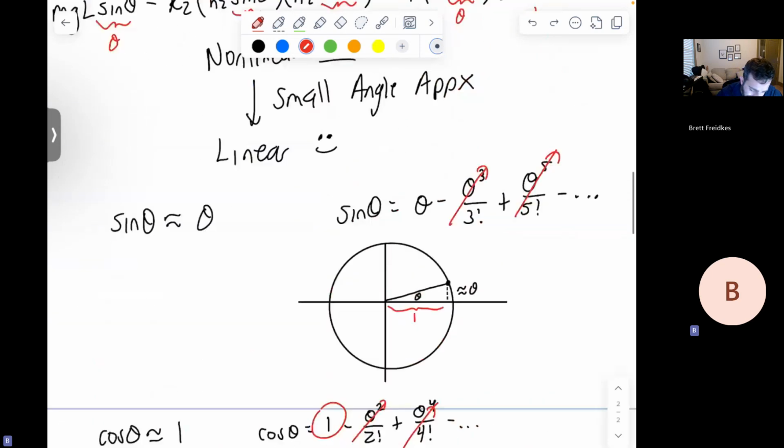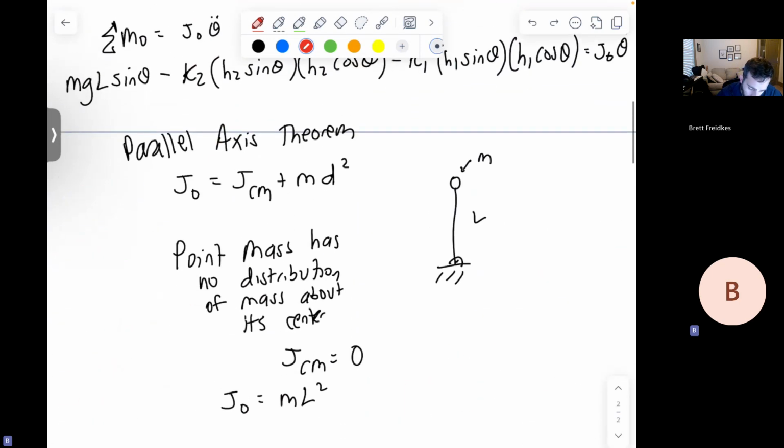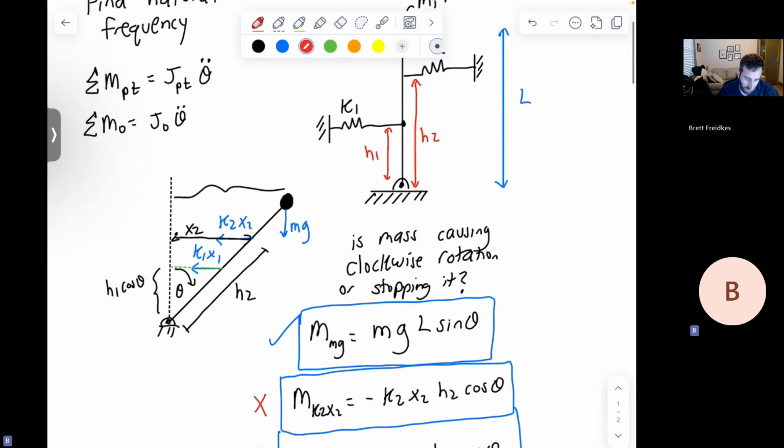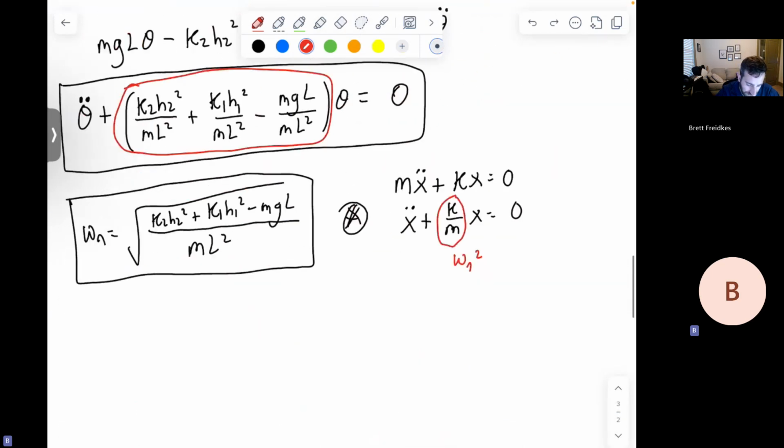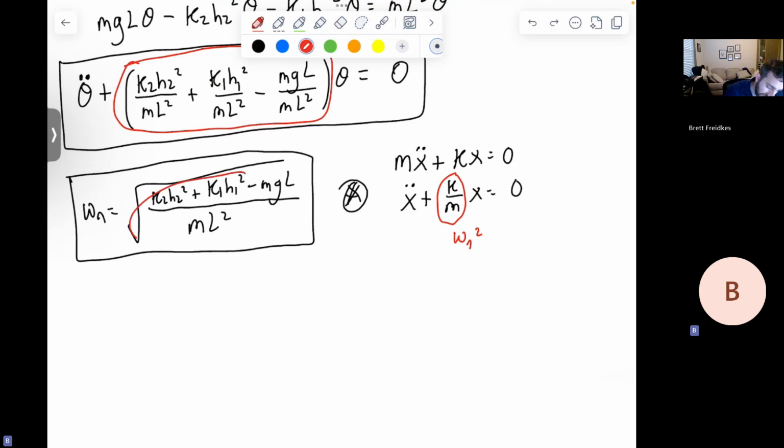We see that we have an inverted pendulum. What will happen at some point? If this thing moves too far, what happens? Well, ultimately, the gravity in the problem will overpower the spring forces and the thing will just collapse. That's when the problem ends. So if you ever end up with a negative value in here, we're no longer stable and our system will just destroy itself and fall.